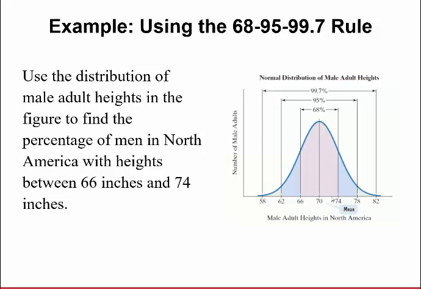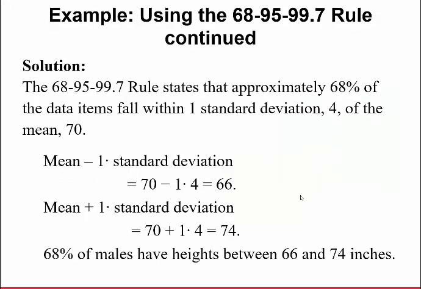So this is 1 standard deviation above, 1 standard deviation below. The 68, 95, 99.7 rule states that approximately 68% of the data items fall within 1 standard deviation, 4, of the mean 70. So the mean minus 1 standard deviation gives 66, and the mean plus 1 standard deviation gives 74. And we are seeing that, just as I said, 68% of males have heights between 66 and 74 inches. Awesome.